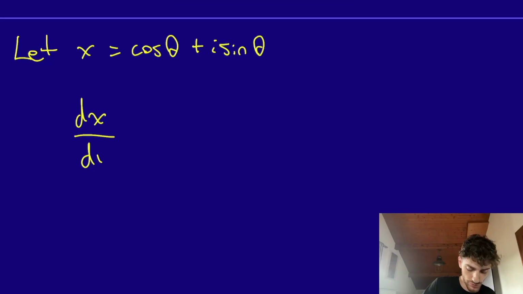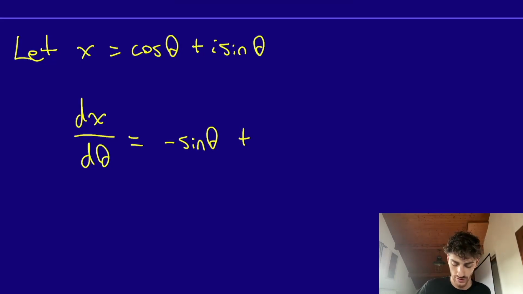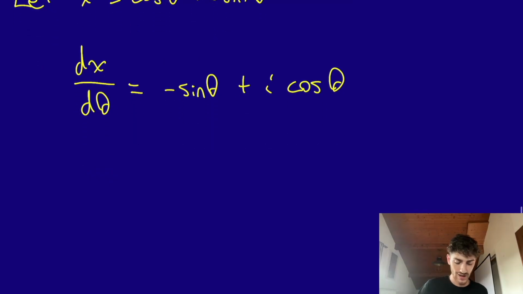And now what I'm going to do is take the derivative of x with respect to theta. Okay? So the derivative of cos is negative sine, and the derivative of sine is cos. And now I'm going to factor the i out. For me to do that, just remember that i squared is negative 1. So the i is going to come out of this here.